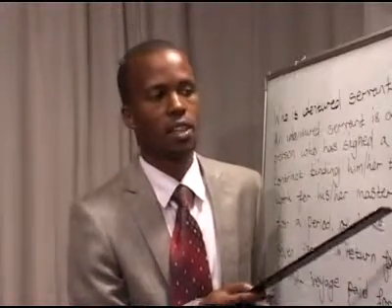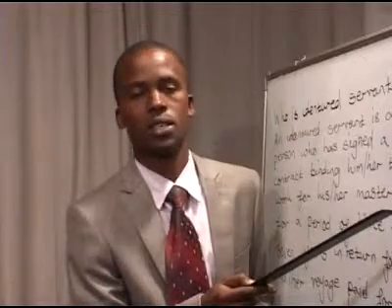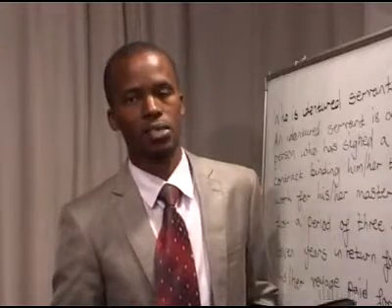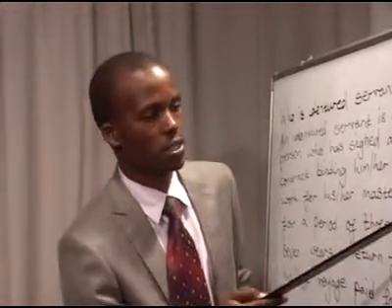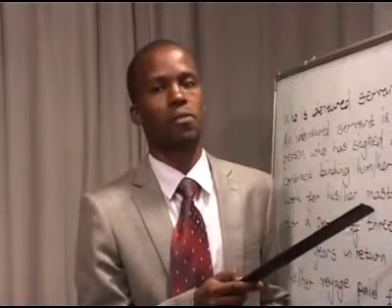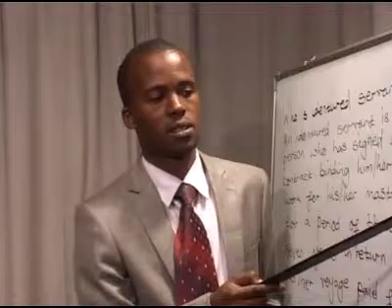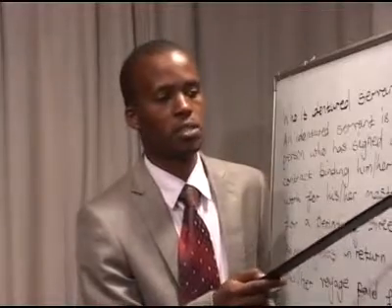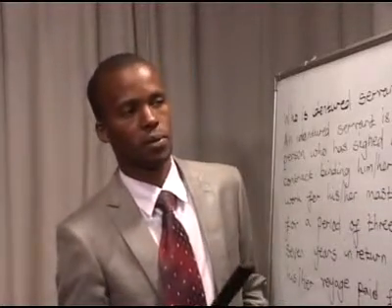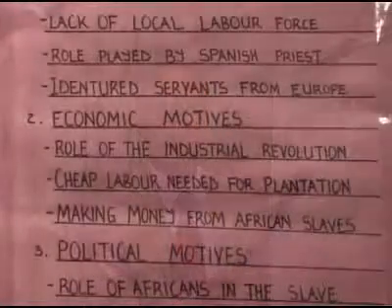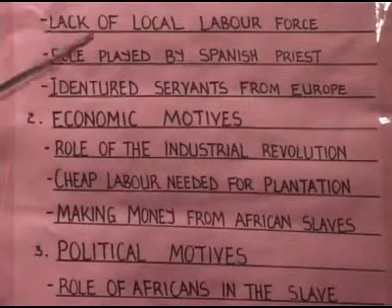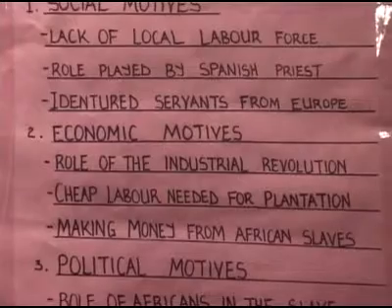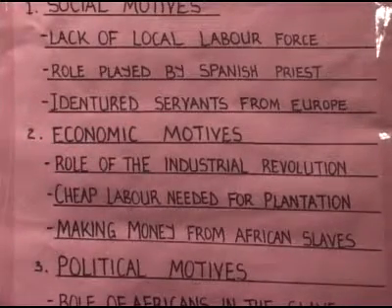In other words, they were not fit to work as servants in the plantations and in the mines. So the European colonists had to turn to Africa because Africans were fit to work in the sugar plantations and mines in America. So under social motives, we have looked at lack of labor force, role played by the Spanish priest, and indentured servants from Europe.